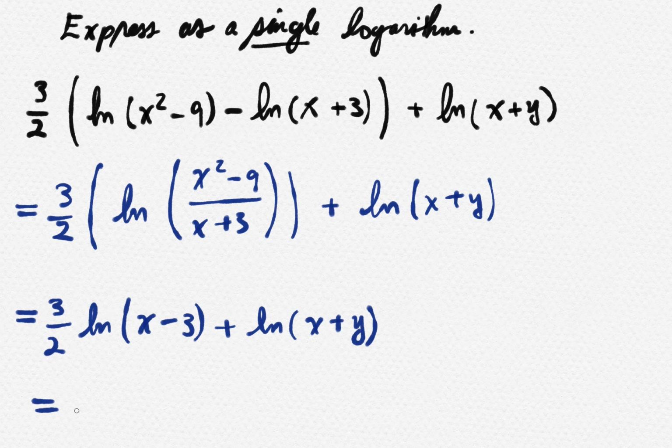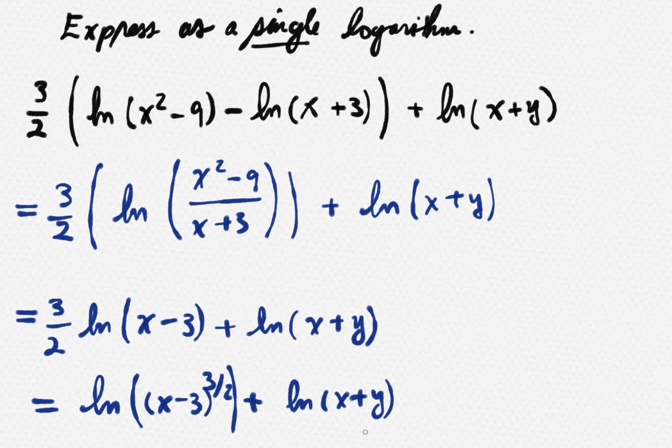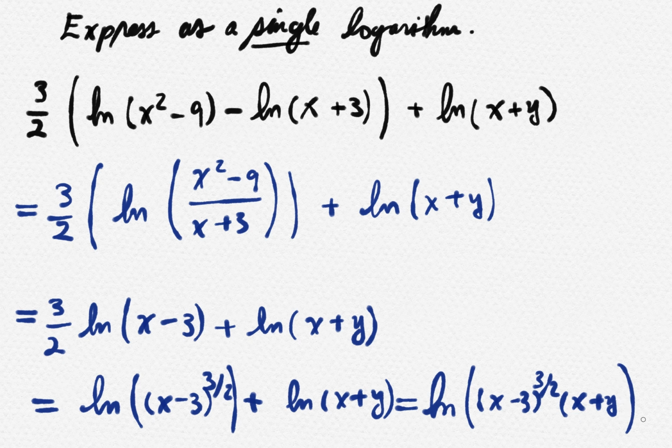Let's go ahead and do that. We're going to have logarithm of x minus 3 to the 3 halves, and then plus logarithm of x plus y. And then finally, we can go ahead and use the product property. If we do that, we have the log of x minus 3 to the 3 halves times x plus y. And we're done.